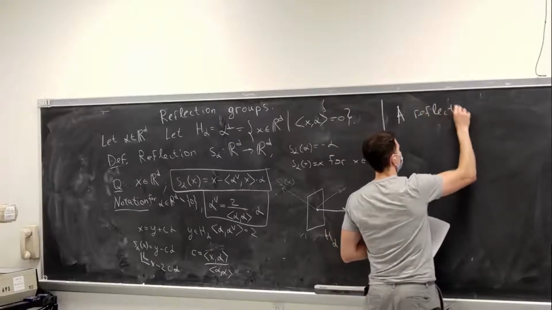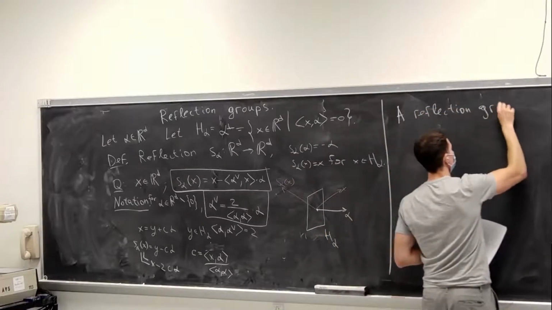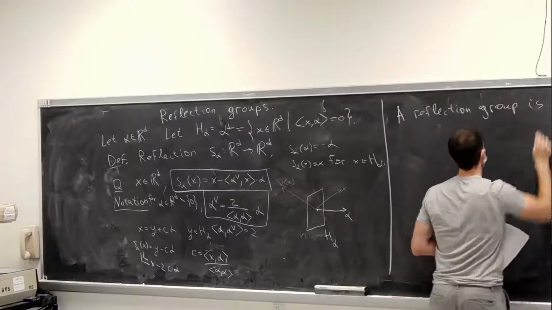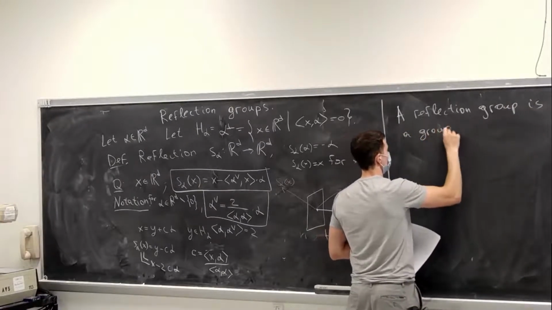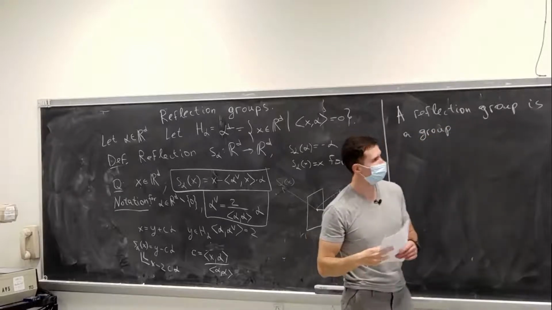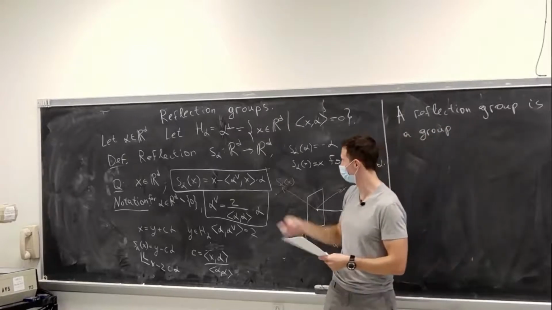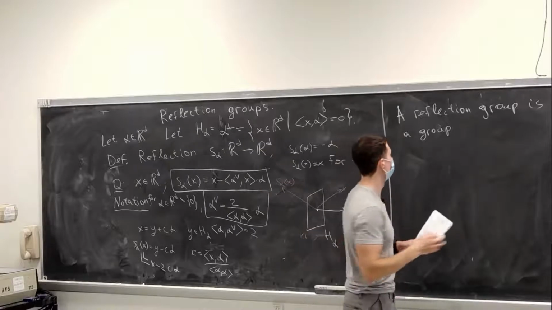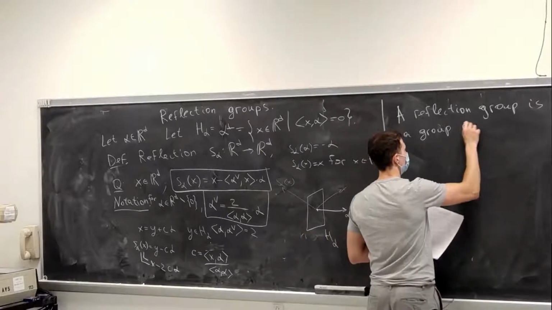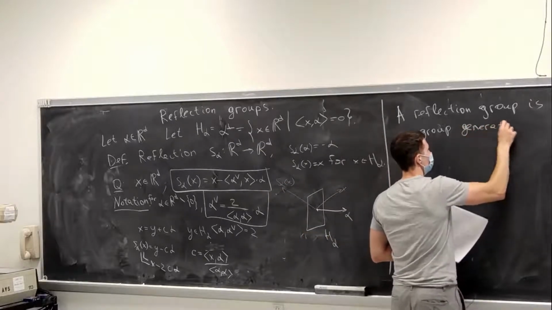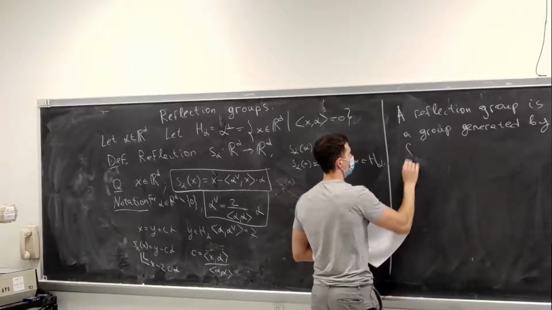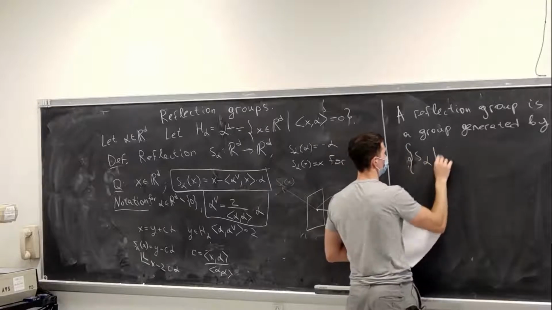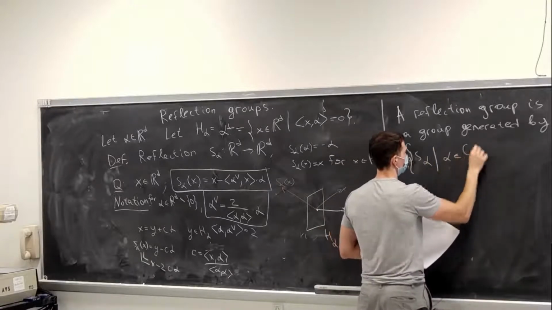A reflection group is a subgroup of the group of isometries of R^d, which is generated by the set S alpha, where alpha runs over some set of vectors.